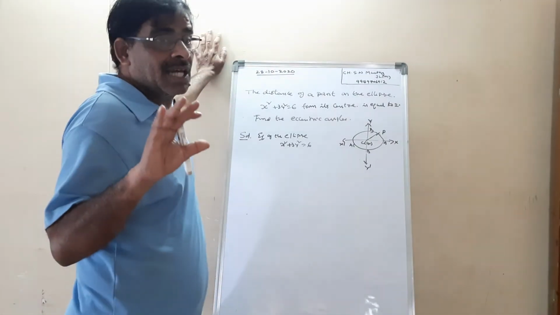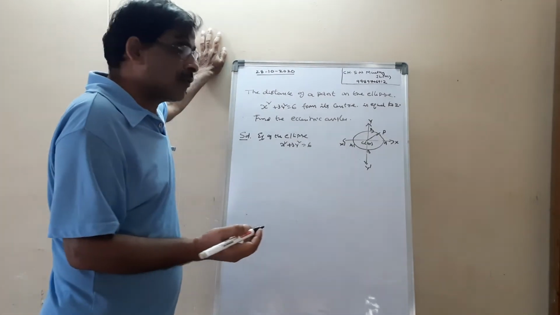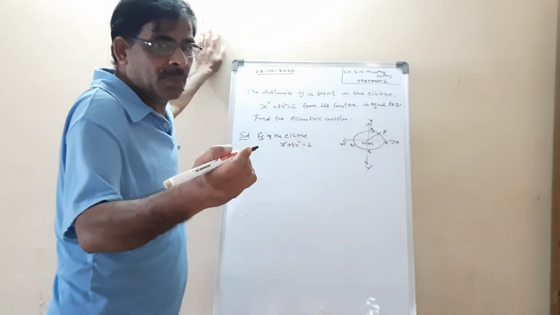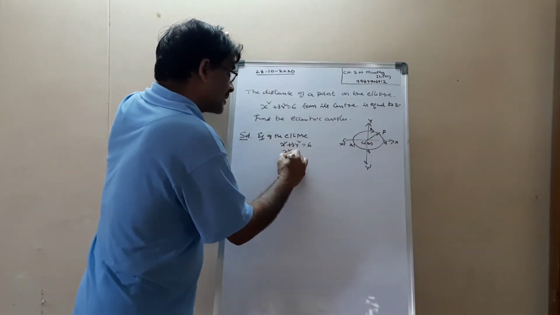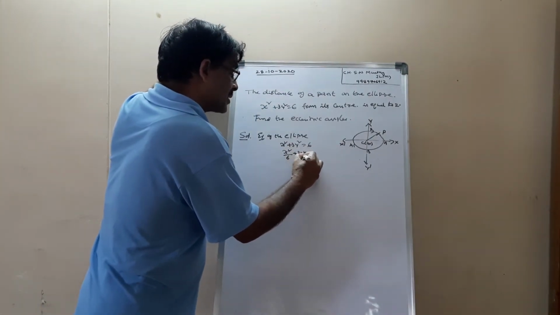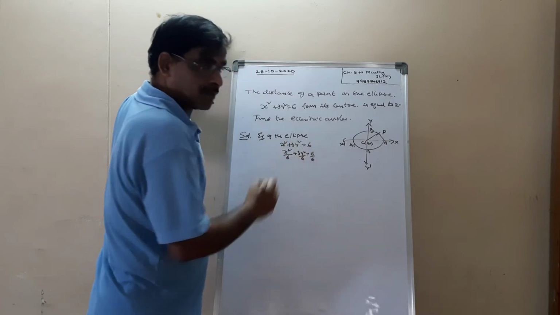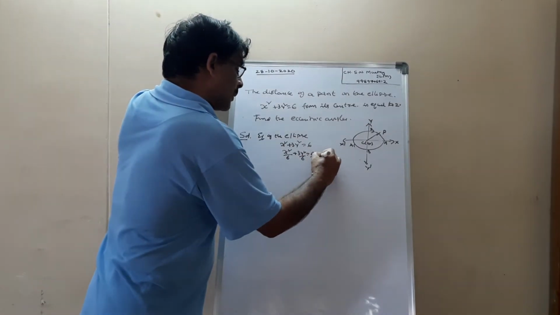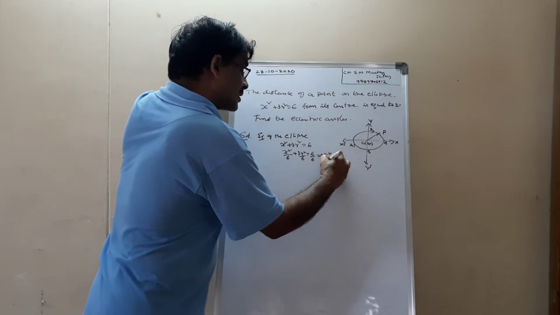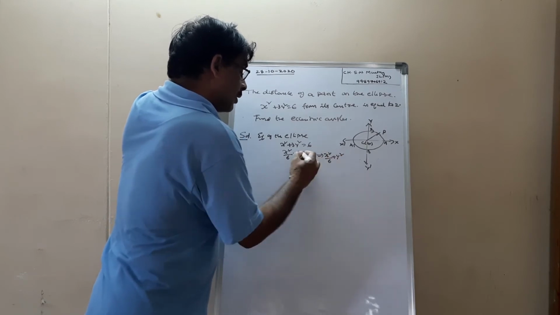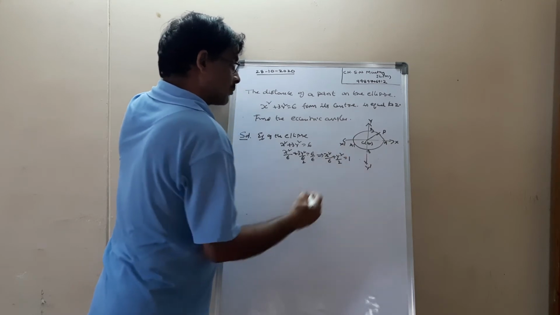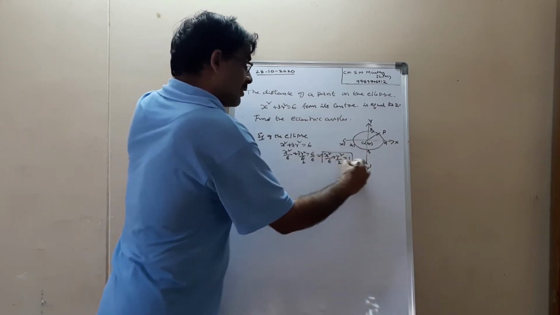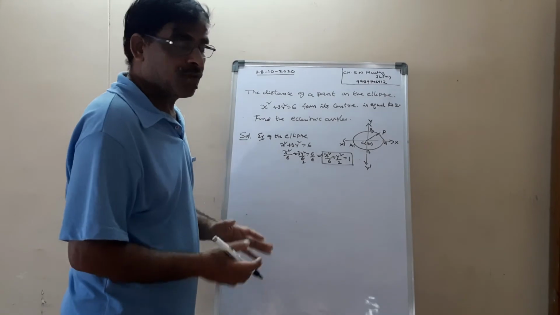So you write it in the standard form. Our standard form is x square by a square plus y square by b square equal to 1. See here, x square by 6, 3y square by 6 equal to 6 by 6. Implies x square by 6 plus y square by 2 equal to 1. See, this is our ellipse in standard form.